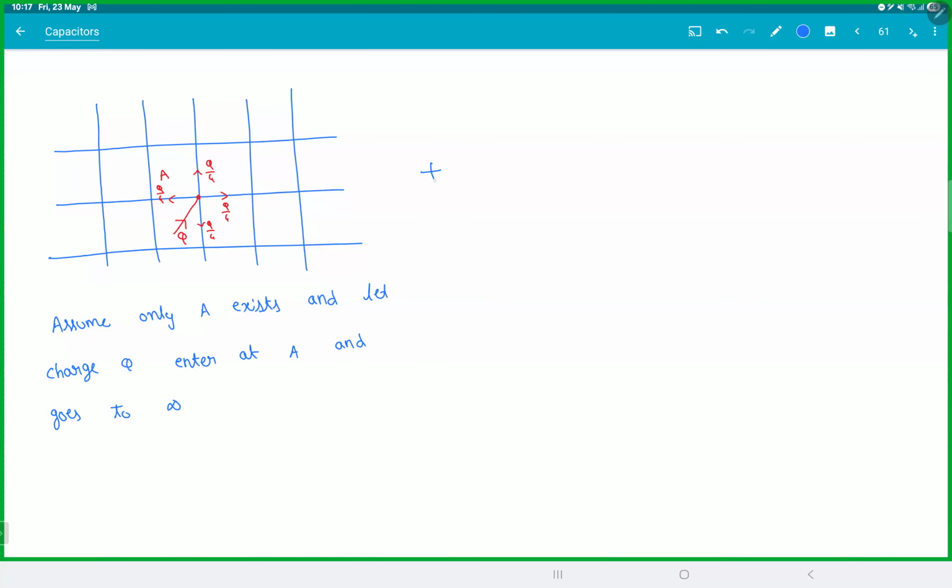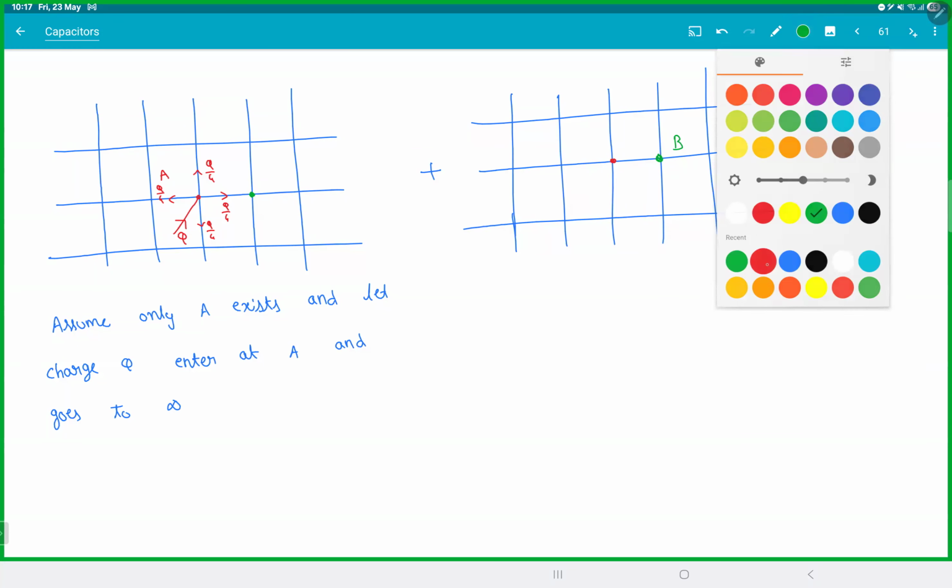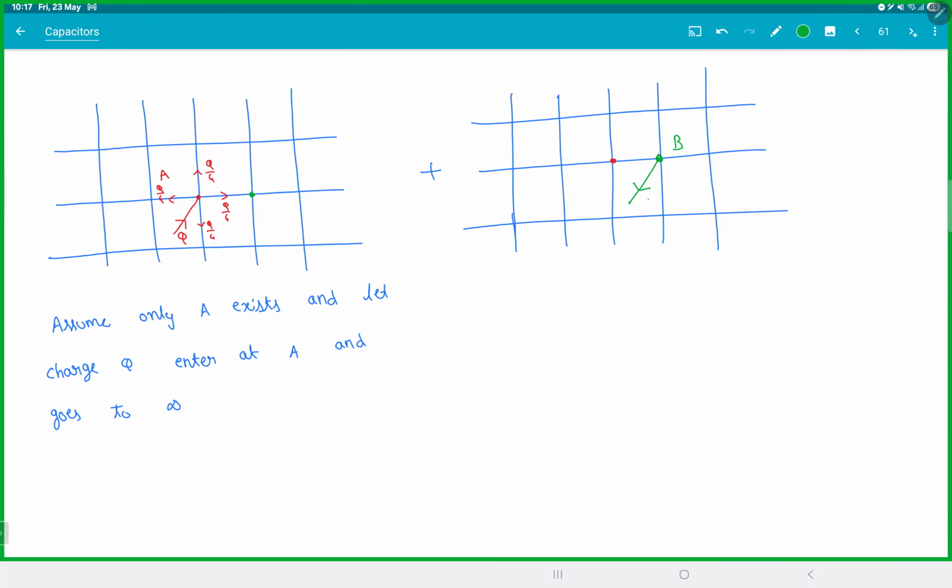Plus, now let's say A doesn't exist, only B is there. B used to be here, and A used to be there. Now pull the charge Q out of B. Then what do you think will happen?